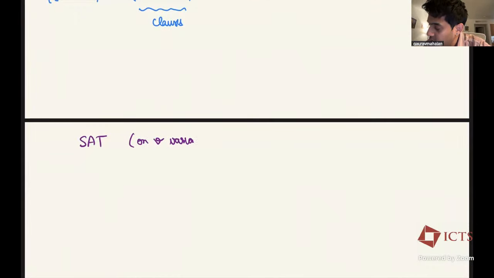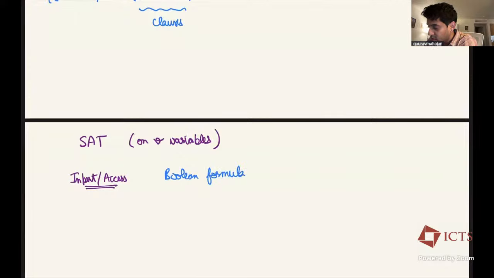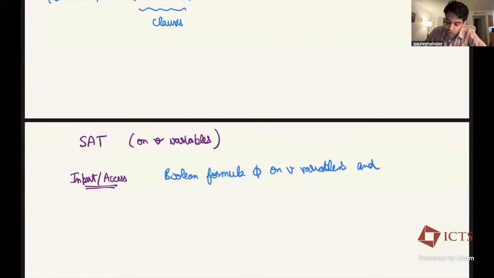For SAT on V variables, we're given access, as input, to a Boolean formula, say psi, on V variables and polynomial in V many clauses.